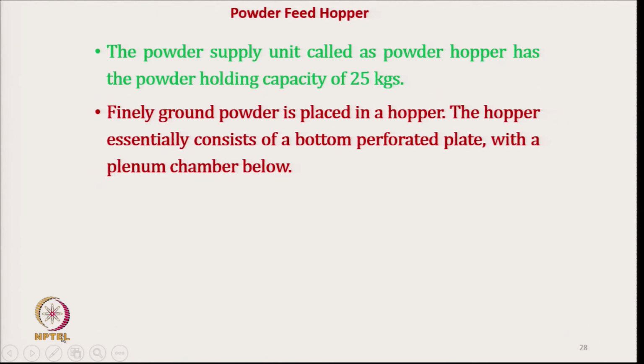The powder supply unit is called the powder hopper, and in this experimental setup it is of 25 kg size. Finely ground powder is placed in the hopper as I have mentioned.